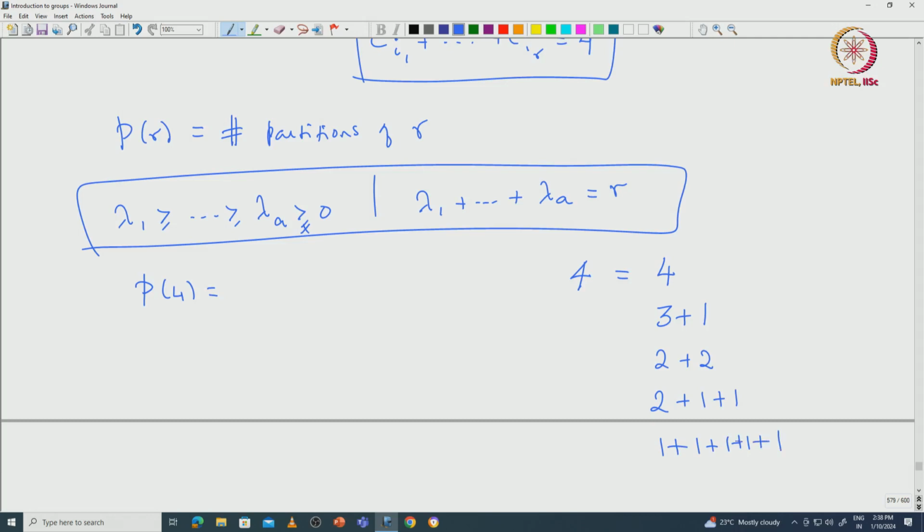So, there are 5 ways you can write 4 as a sum of smaller numbers in decreasing order. Both these conditions should be satisfied, so the partition of 4 is 5.